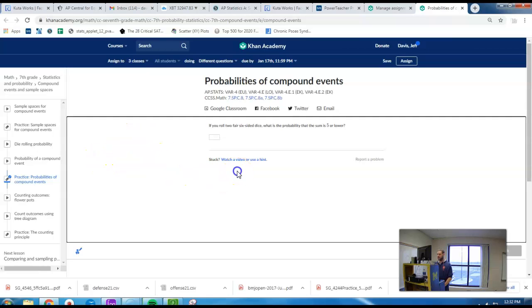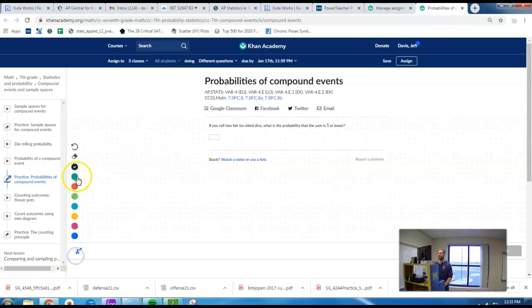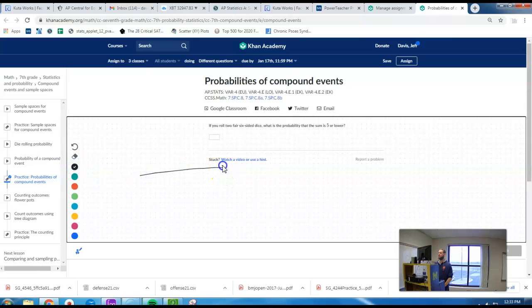So the reality here is if you roll 6-sided dice twice, we can make a probability tree to represent all of the outcomes. So that's the first die. It could be anything 1, 2, 3, 4, 5, or 6.